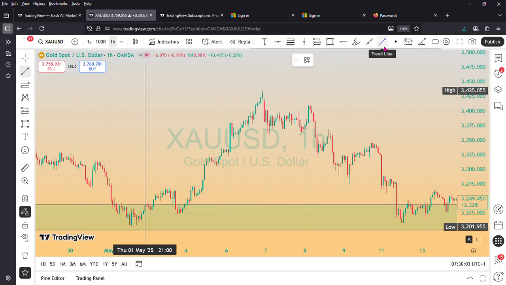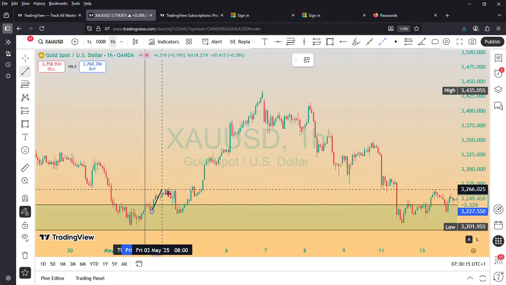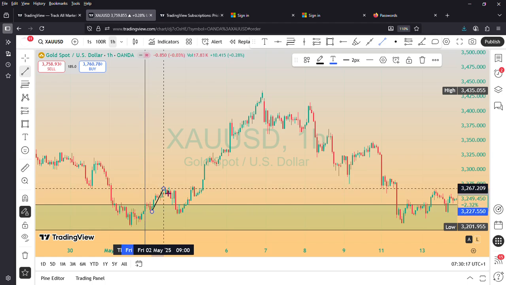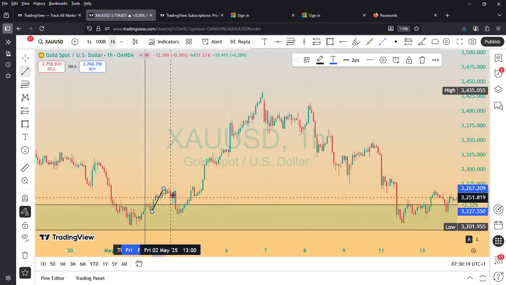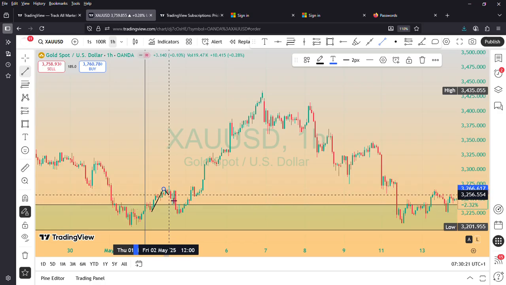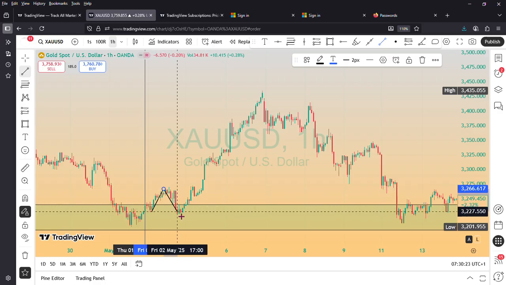I want to see a high, because the doji is closed here. So now I want to see a high like this, a lower low that did not take out this doji line.